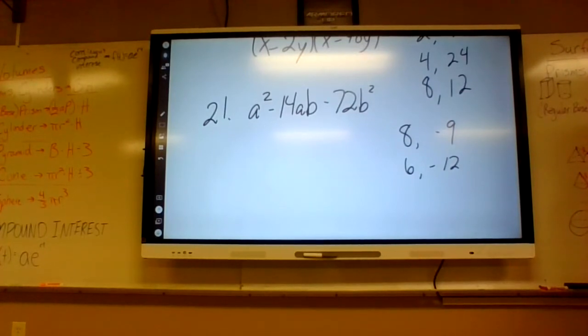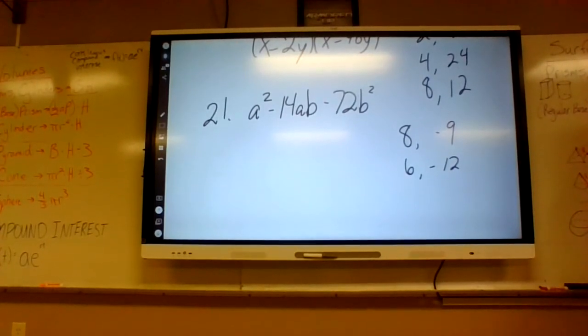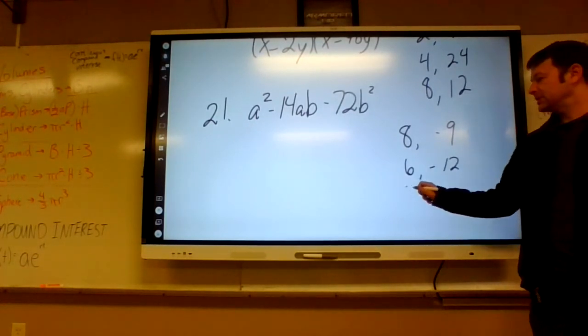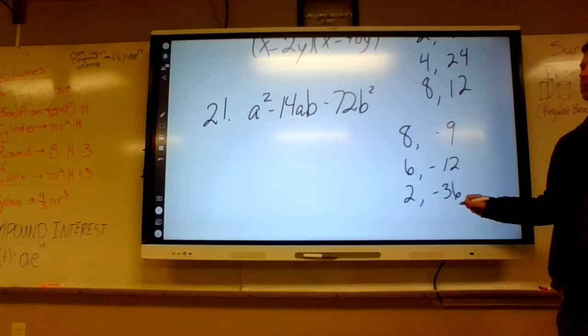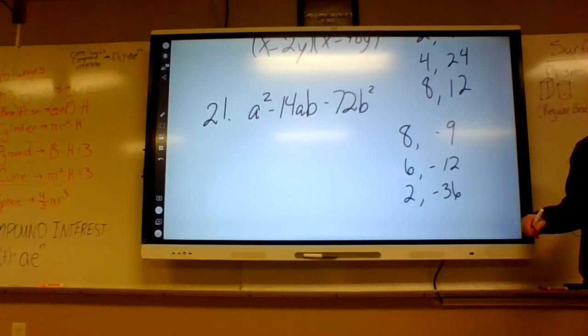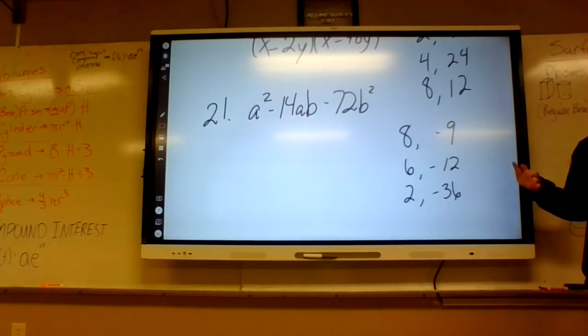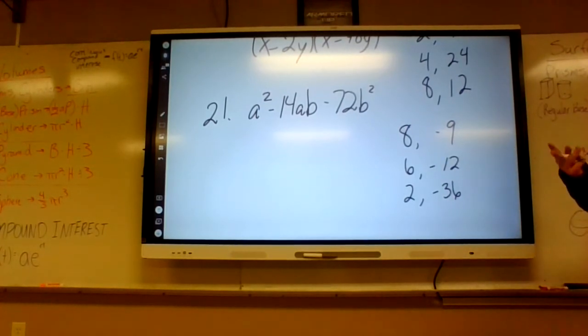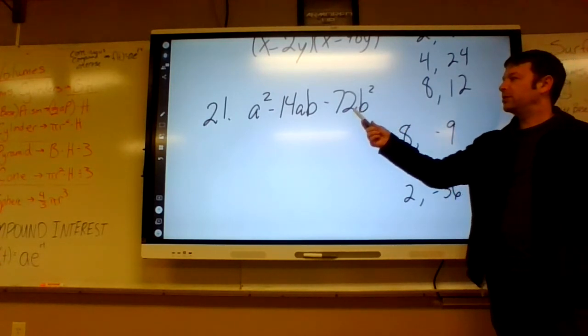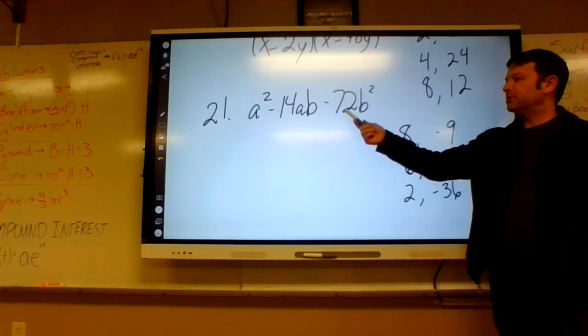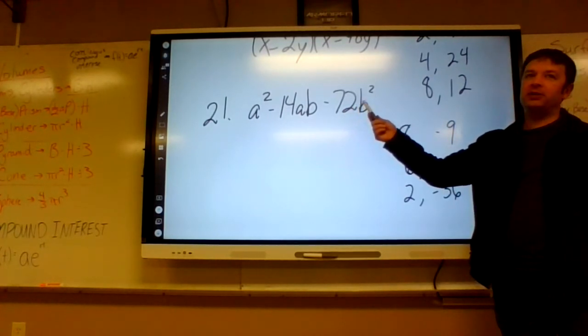So it would be the 2 one, right? 2 and 36. But you can't get 14. So 1 and 72, that's obviously not gonna help. Does 3 work? Yeah, 3 works because 7 plus 2 is 9, and 3 goes into 9.